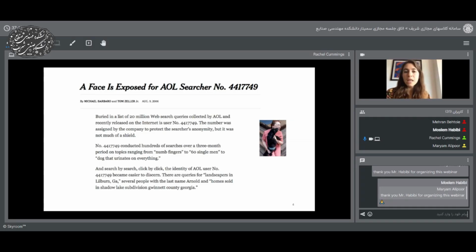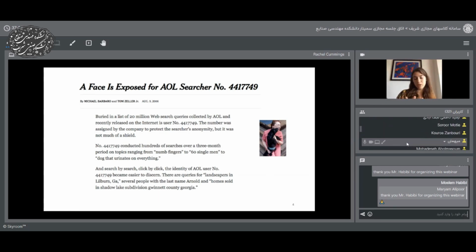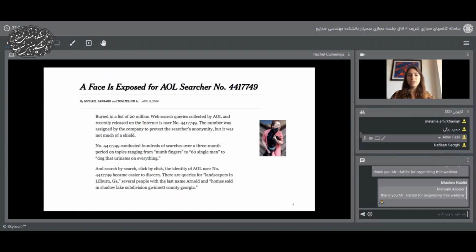They said they were going to make it anonymous, and they removed everyone's name and gave them random IDs. But if you think about things that you search for, you probably search for restaurants in your neighborhood, topics related to your courses at the university. You might search for papers that you're working on, or you might even search for your own name.